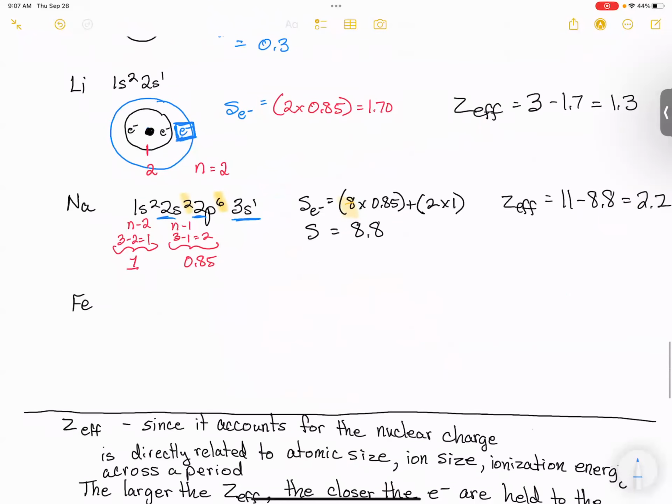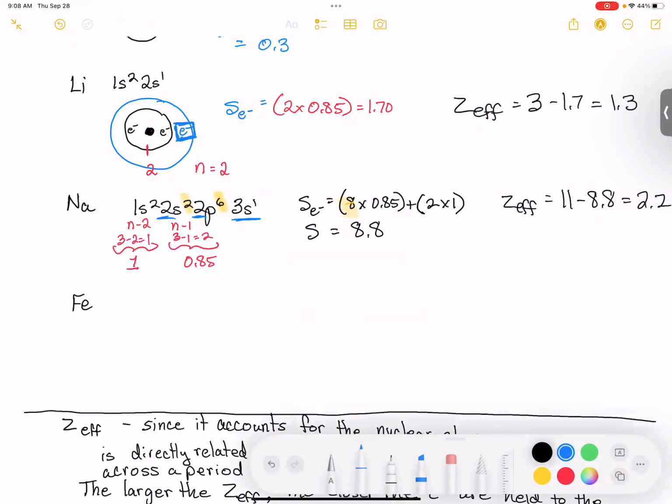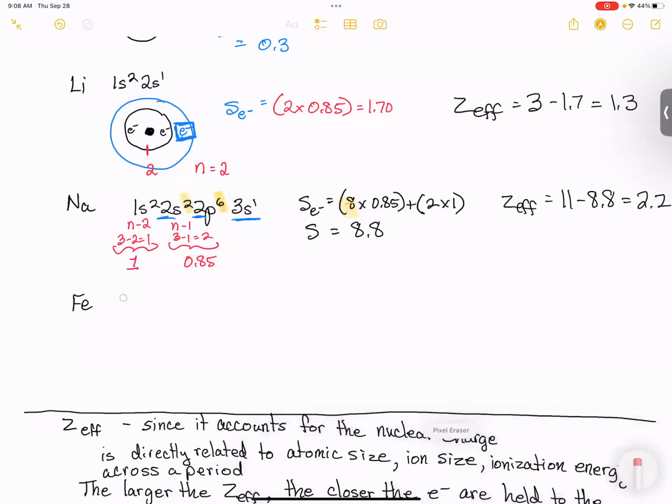Okay, let's go back up here to iron. This is the one place where the full electron configuration is pretty much a must. So iron is 1s2, 2s2, 2p6, 3s2, 3p6, 4s2, 3d6.